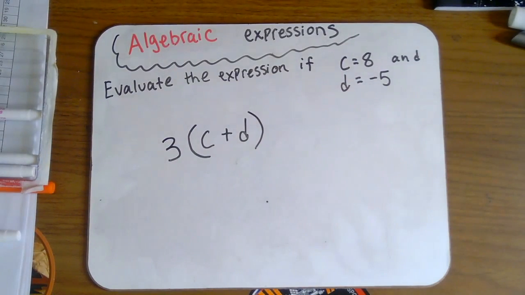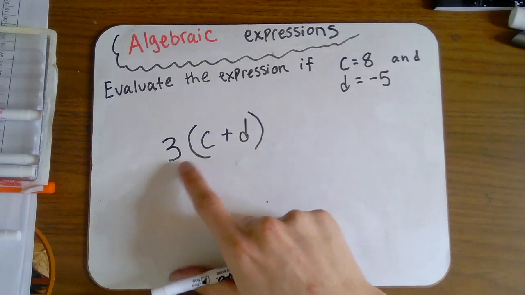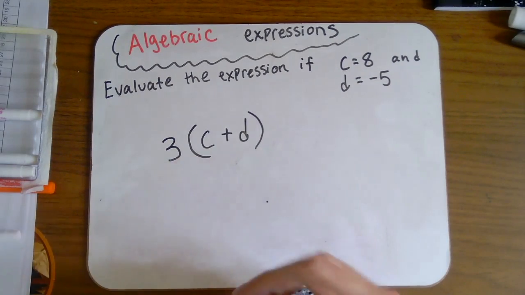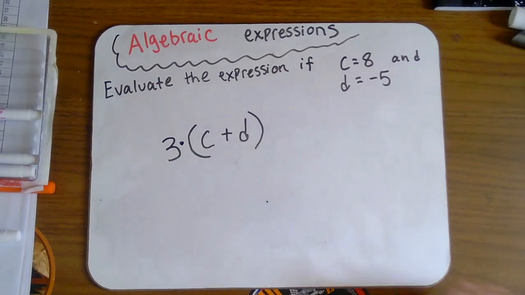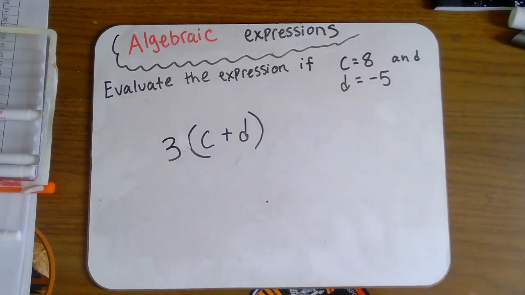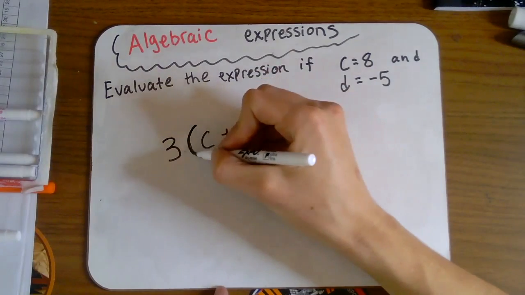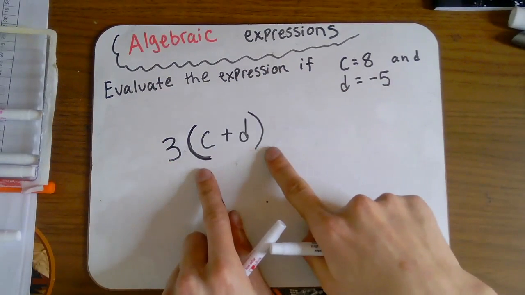So if you heard me say this correctly, because you don't see an operation in between the number and the parentheses, we're multiplying here. Sometimes you may see a dot, but usually they will not include the dot when it's right up against the parentheses. So you just need to know that this represents multiplication. So we're going to multiply the amount in the parentheses.